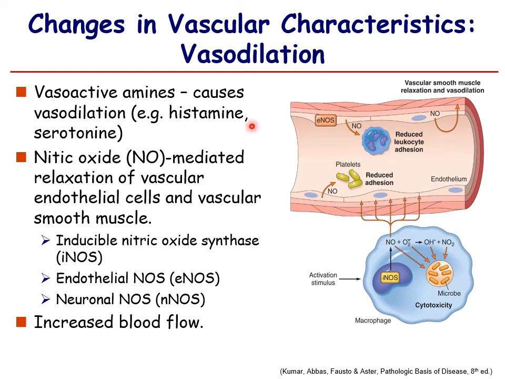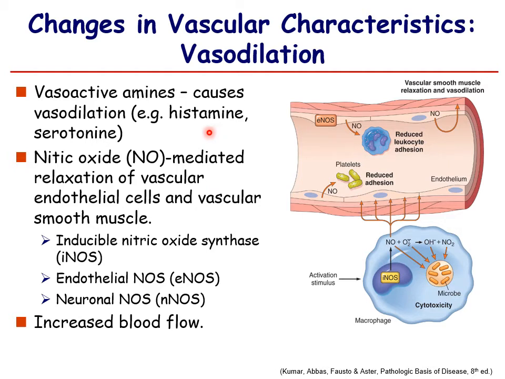So as I have mentioned earlier, vasoactive amines such as histamine and serotonin are produced when the cells of innate immunity are activated by the offending agents.